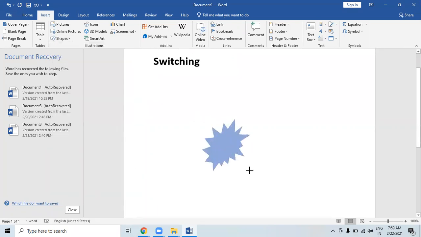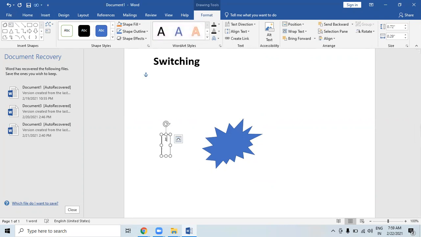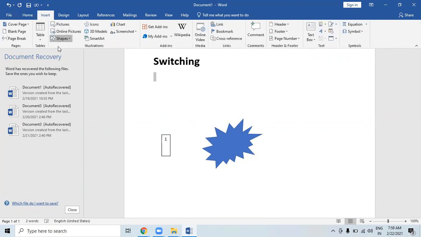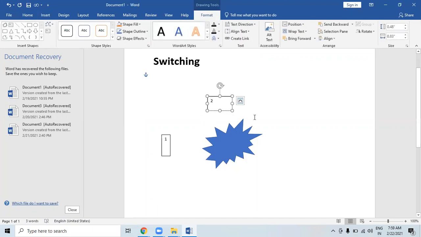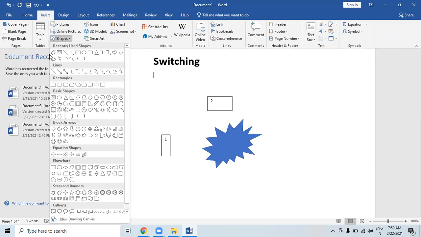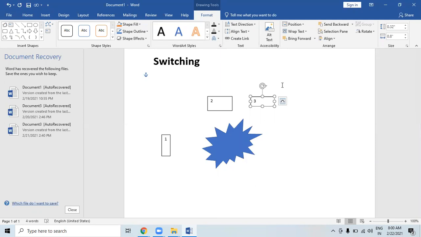So here we will put switch one, then switch two, then switch three, connected like this.